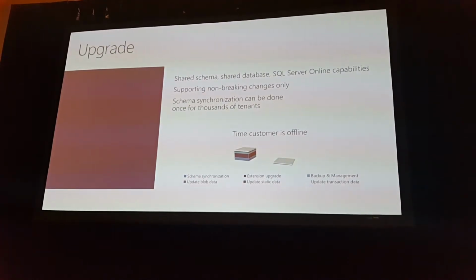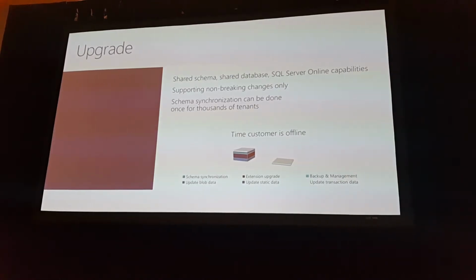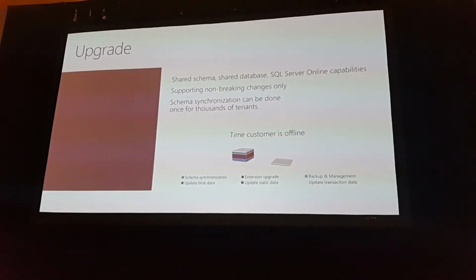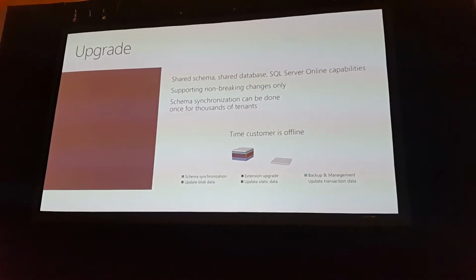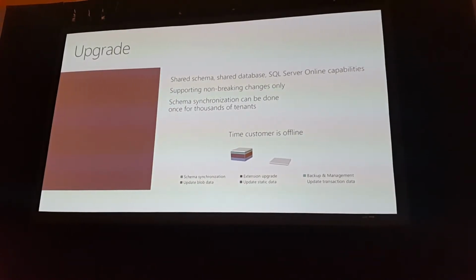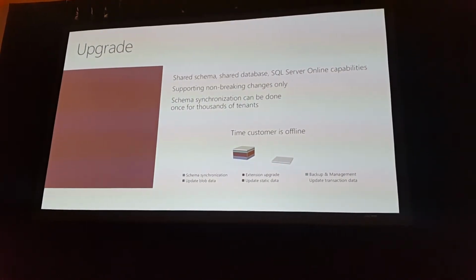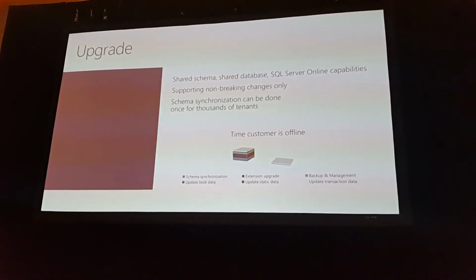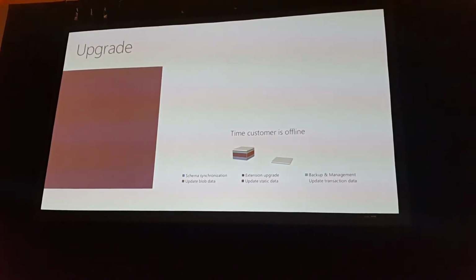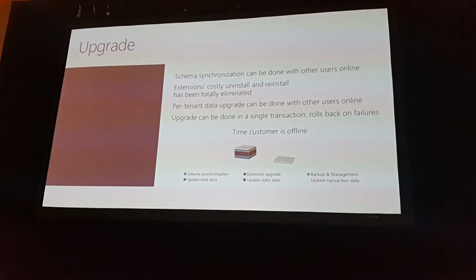And then obviously we have optimized for things that affect one tenant at a time. Using the shared schema, it's problematic if everybody is offline because we operate one. So we've optimized that as well.